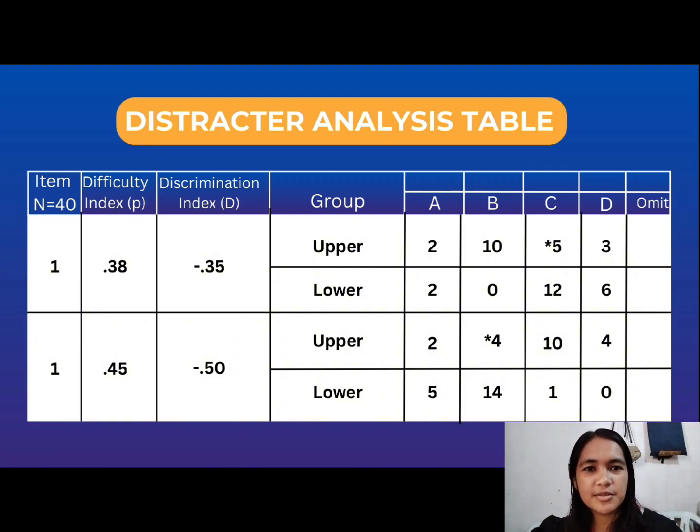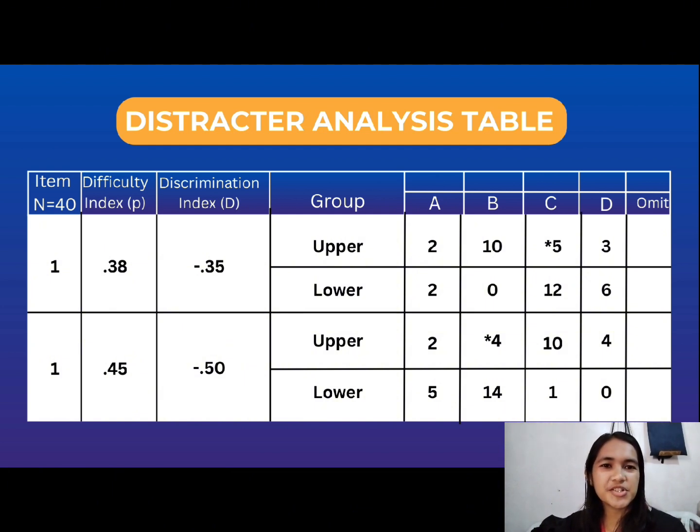In this table, the more discriminating item is item number two because its discrimination index is negative 0.50, which is more negatively discriminating than item number one, which has only negative 0.35. It is noted here that the farther the D value is from 0, the more discriminating the item is. So that is why it becomes a more discriminating item than item number one.